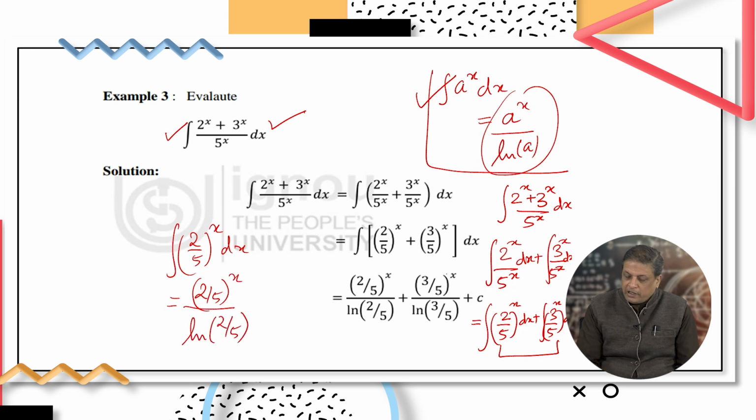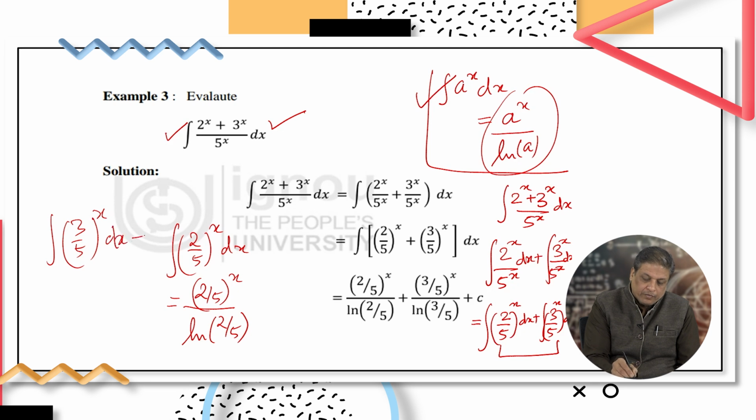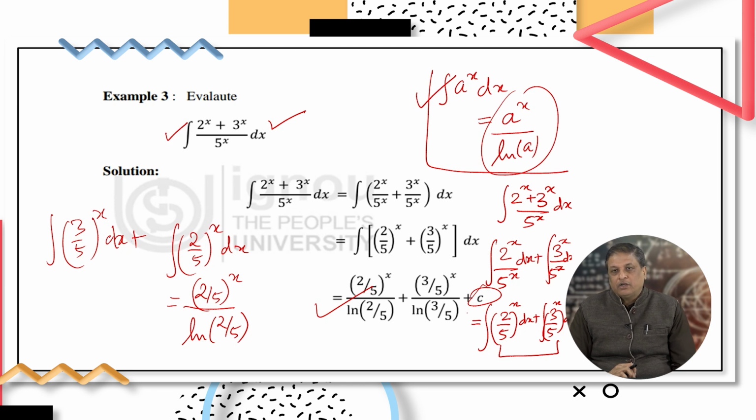Similarly, the other expression, integral of 3 by 5 to the power x, can be done and they are to be added. The overall solution turns out to be 2 by 5 to the power x upon natural logarithm of 2 by 5 plus 3 by 5 to the power x upon natural logarithm of 3 by 5 plus constant of integration c. I hope you understood how to apply the other formula.